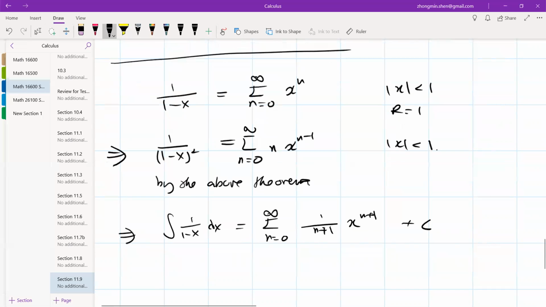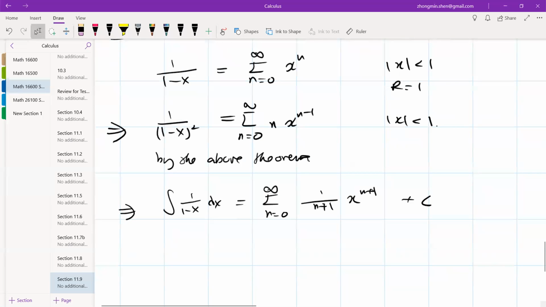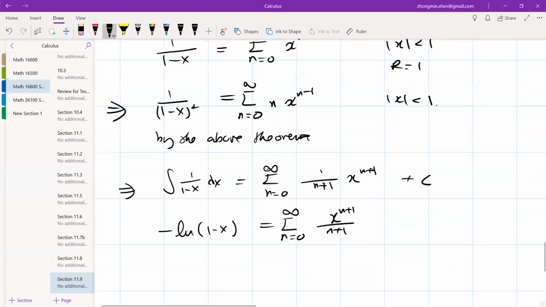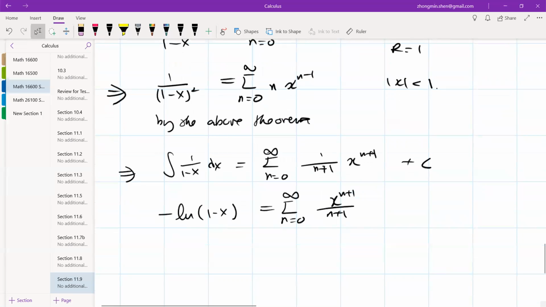The integral of 1 over 1 minus x is going to be natural log of 1 minus x. When you differentiate, you get a negative sign, so it's going to be this, plus a constant.